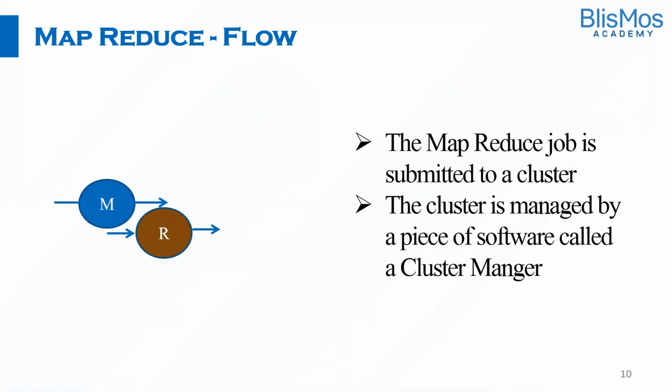Then the MapReduce job is submitted to the cluster, assuming that you have a cluster of some machines. So the moment MapReduce jobs are created by a developer or a user, they would be submitted to the cluster. The cluster is managed by a cluster manager.